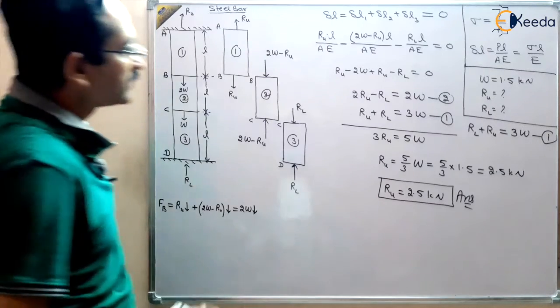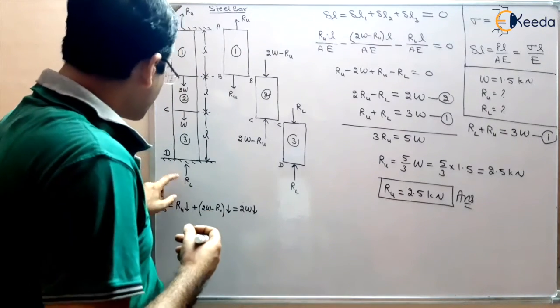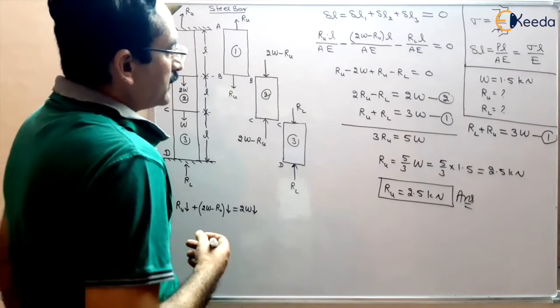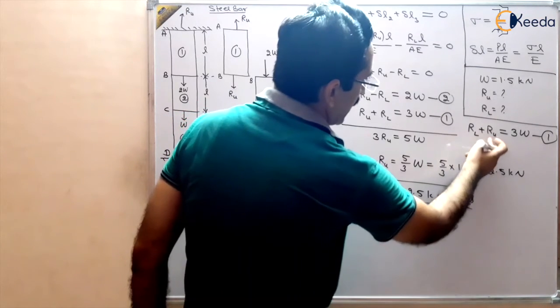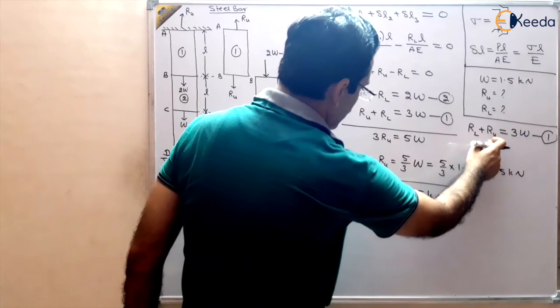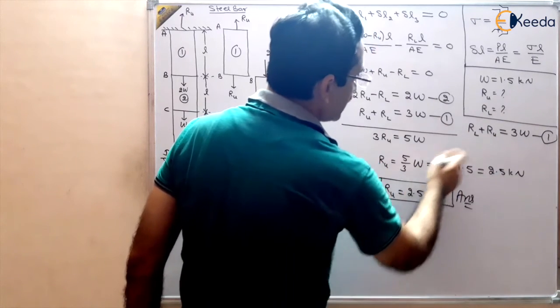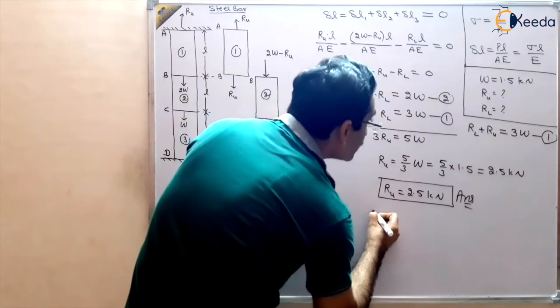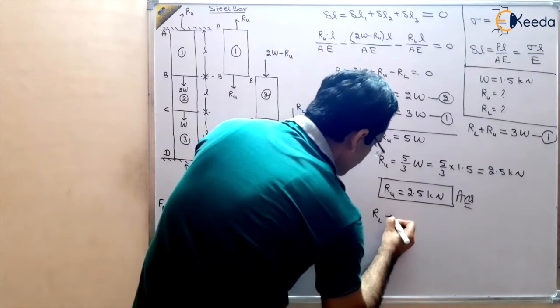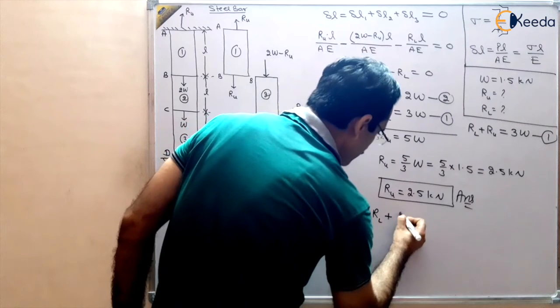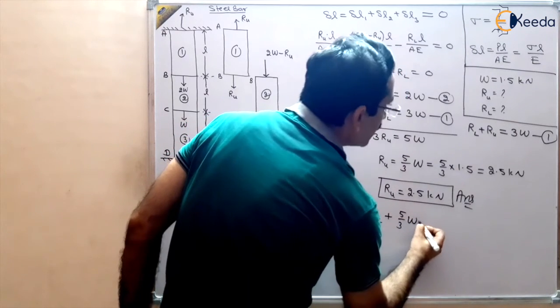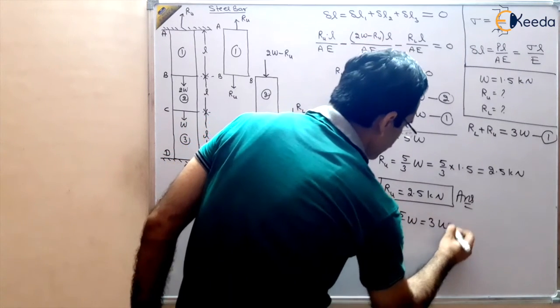And we can also find out the reaction at the lower support, RL. What we can do is, we can use the first formula also. RU is known to us, that is 5 by 3W. So RL plus RU, which is 5 by 3W, should be equal to 3W.